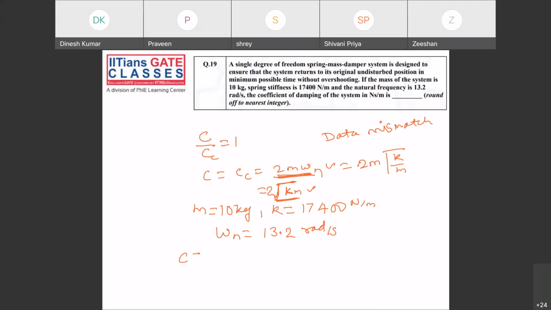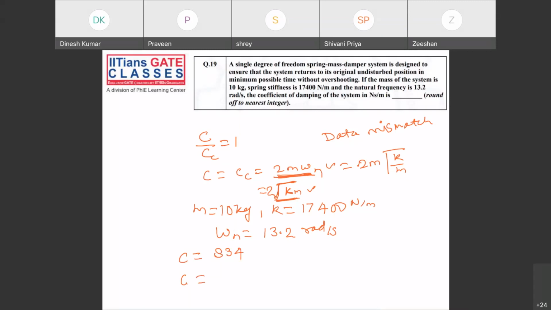And if you use the second expression, what is the answer? From the first expression, 834. Now tell me, from the second expression, what is the answer?